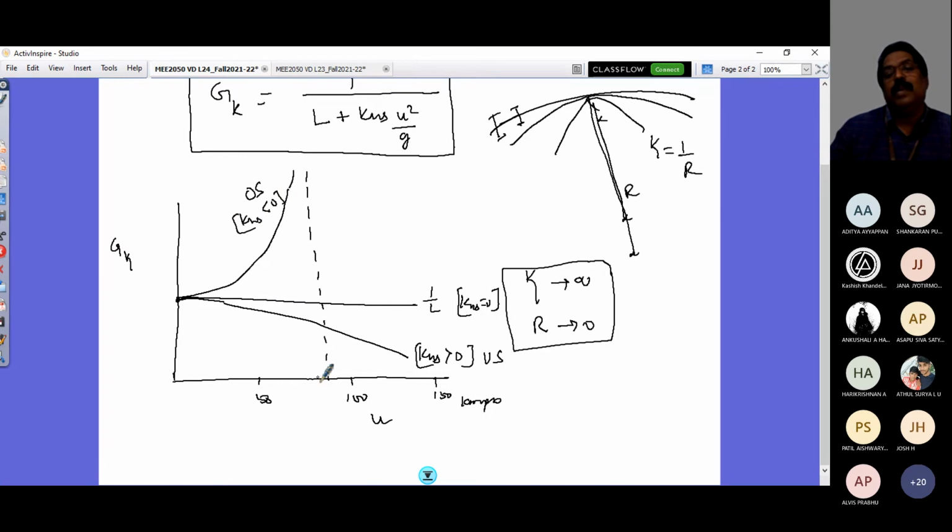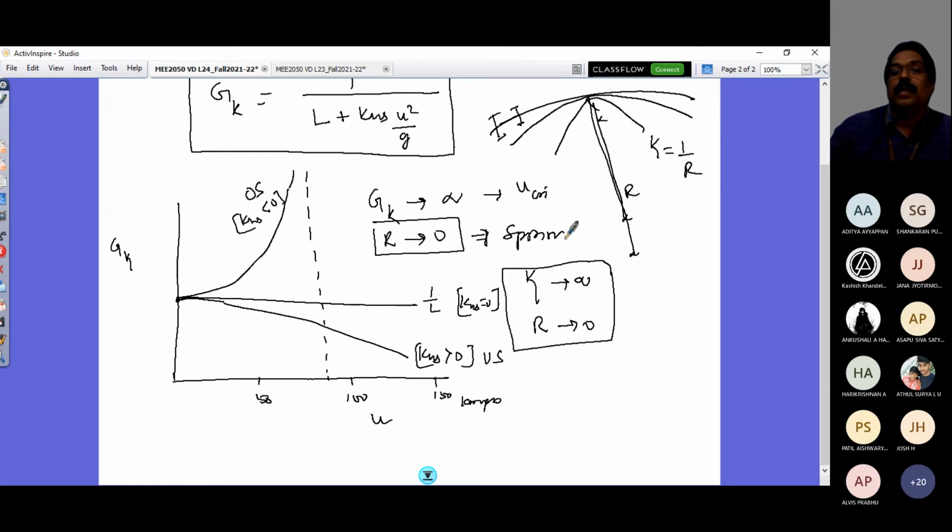So the moment KUS is less than 0 and your vehicle gain tends to infinity, that corresponds to critical speed. At U critical, you will have radius tends to 0. The turning radius 0 refers to spinning of your vehicle.